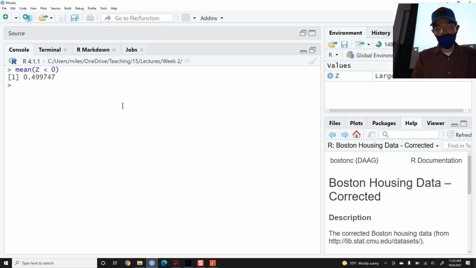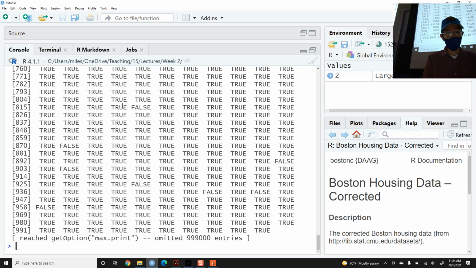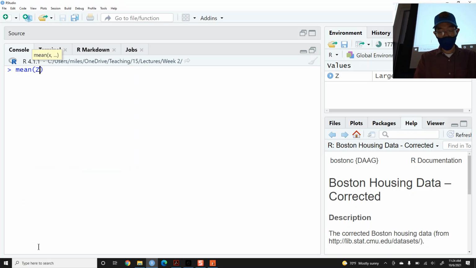and this is going to serve as our estimate of what p norm is. Okay, how many values are less than, say, 1.96? If you look at z, we can ask which values of z are less than 1.96. We get a bunch of trues, some are false. And we can ask what is the proportion of values of z that are less than 1.96?